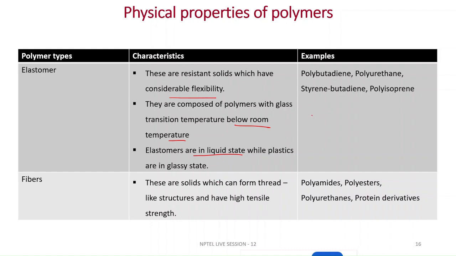Examples of elastomers: polybutadiene, polyurethane, styrene butadiene, polyisoprene. Fibers are solid forms with a thread-like structure, and they have very high tensile strength. Examples: polyamides, polyester, polyurethane, protein derivatives.